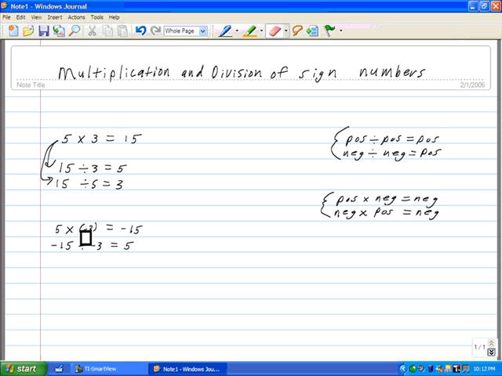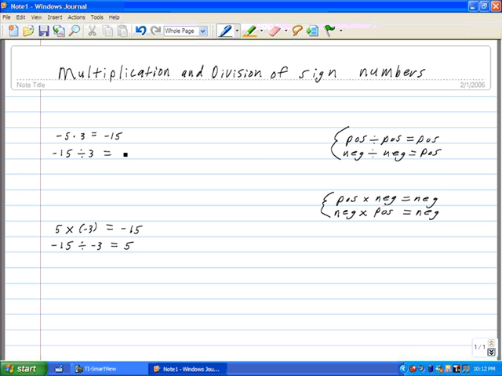Alright, next rule to look at. Let's go to a larger eraser and come up here and see if we can come up with another rule. Okay, again back to a similar multiplication problem. Negative 5 times 3 is negative 15. Let's rearrange this one. Let's turn this into negative 15 divided by 3.